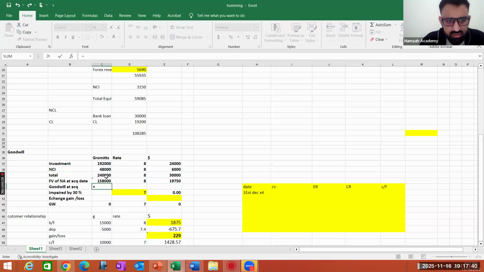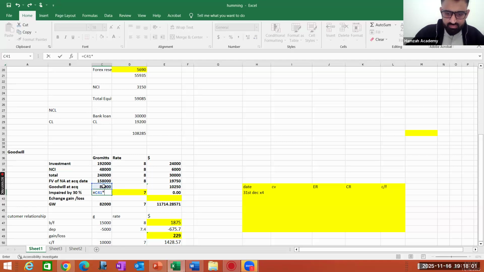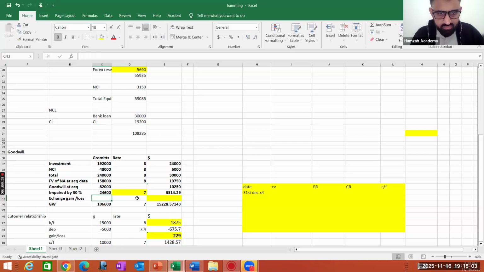So the goodwill was 82,000, and this 82,000 will be converted at the exchange rate at the date of acquisition. And then this goodwill is impaired by 30%.